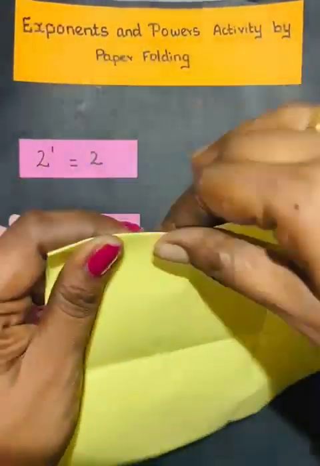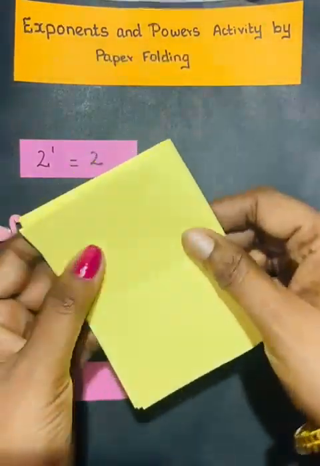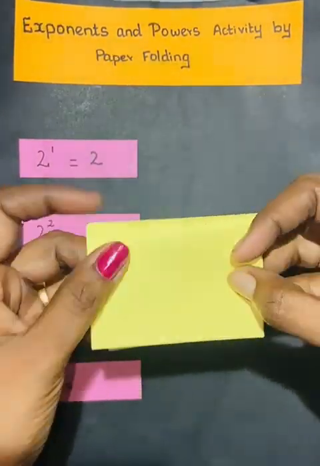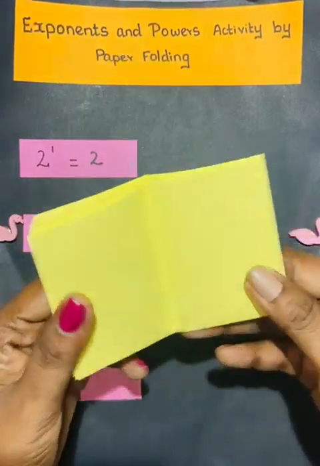Next one, 2 to the power 4. So I have taken the full paper. How many times fold? 1 time, 2 times, 3 times, 4 times. 2 to the power 4. 4 times. So now open.